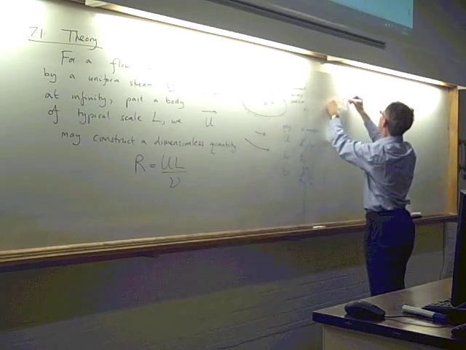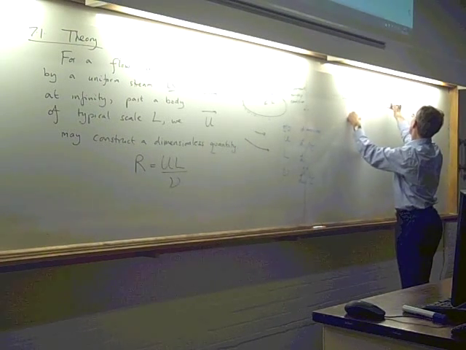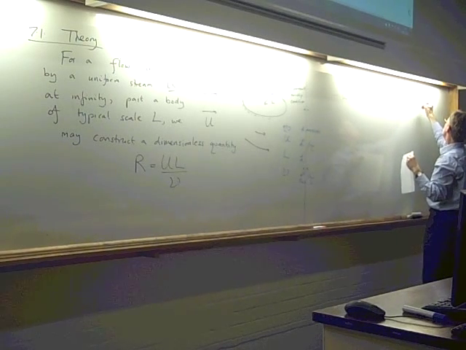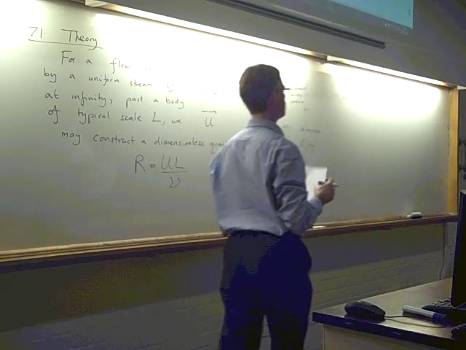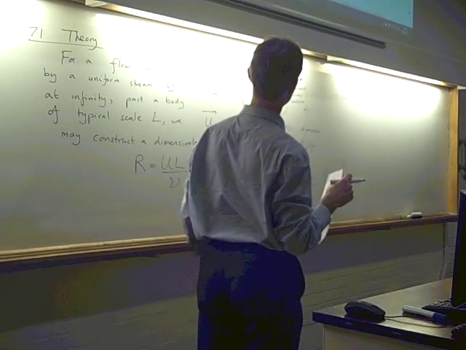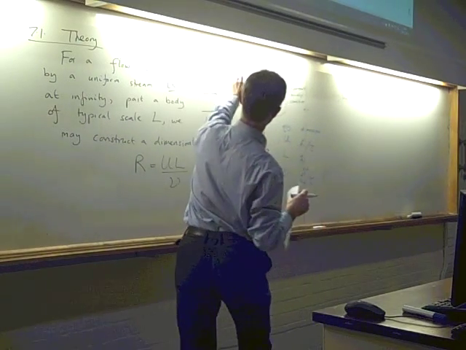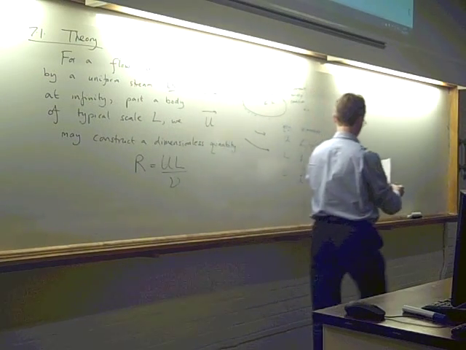Okay, so when R is very, very big, in other words, mu is much, much less than u times L, then we're in a regime where, in some sense, viscosity is unimportant. It's not important everywhere, it's only important in some thin layer around the body. Okay.